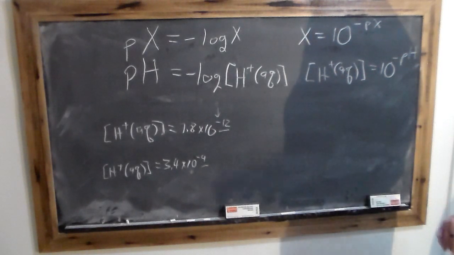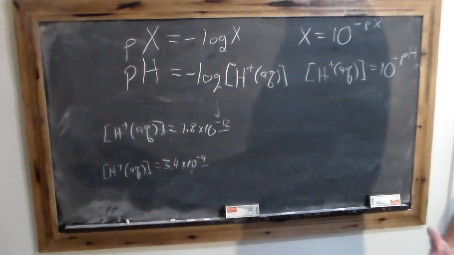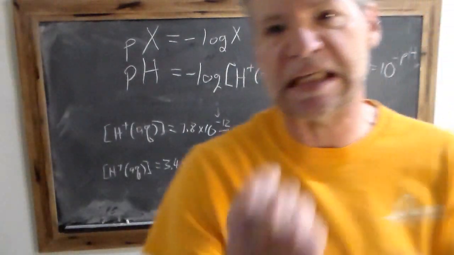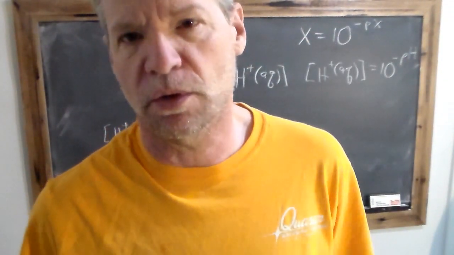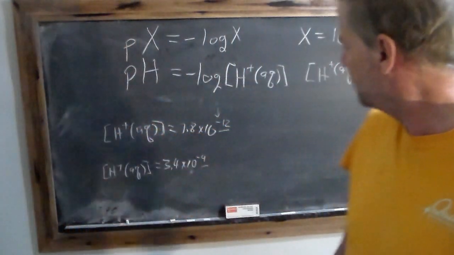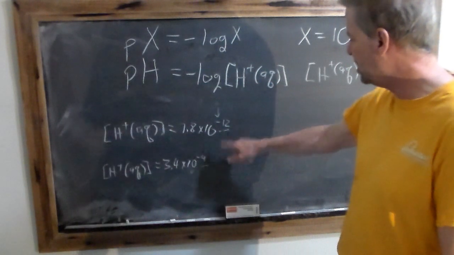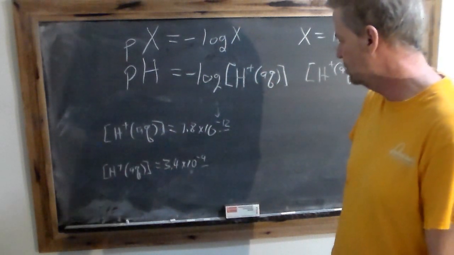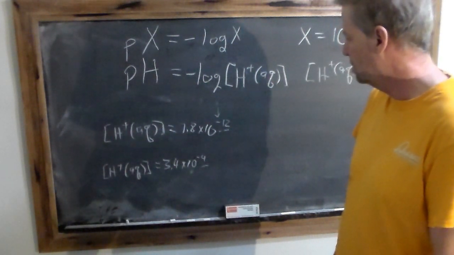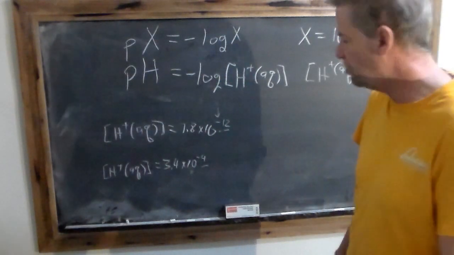And this is where I think that perhaps P does stand for power, but not the strength. Not like, oh, the acid is so powerful. No, no, no, no. It stands for this power. Because if I actually take the pH of these two examples, well, let's do it, and you'll see what I mean.